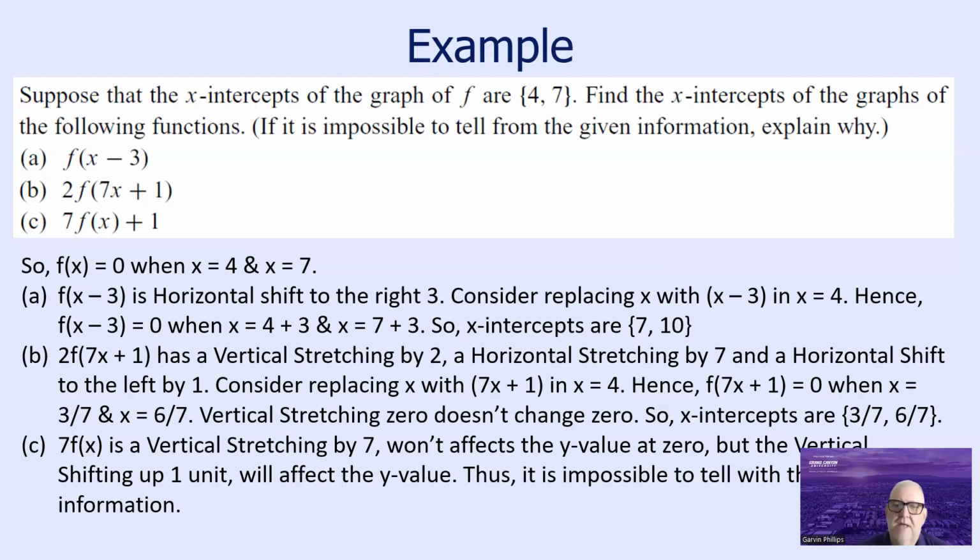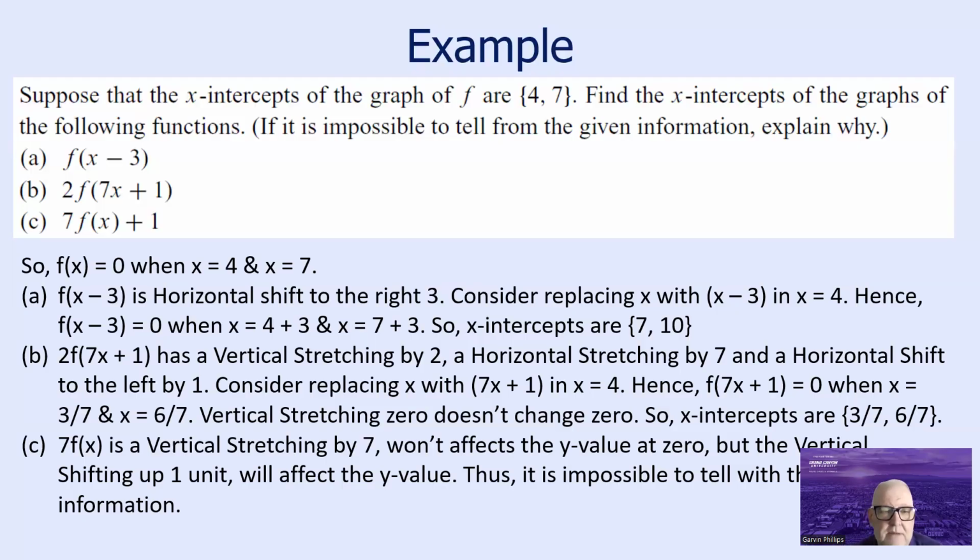That would give you 3. Then you would divide by the 7, which would give you 3/7. Then do the same thing with the 7, setting it equal to that and solving. Because you know that f of 7x plus 1 is equal to 0, we just replace that to make that shift.